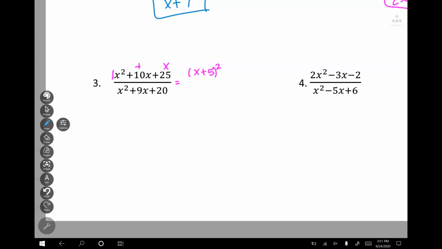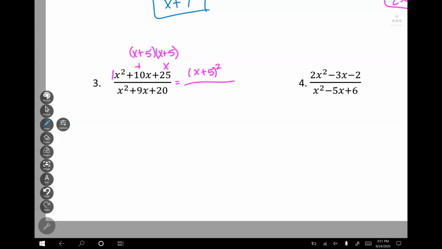You could have also gotten that by just saying two numbers that multiply to 25 and add to 10 are 5 and 5. Therefore, this factors into x plus 5 times x plus 5, which is the same thing as x plus 5 squared.